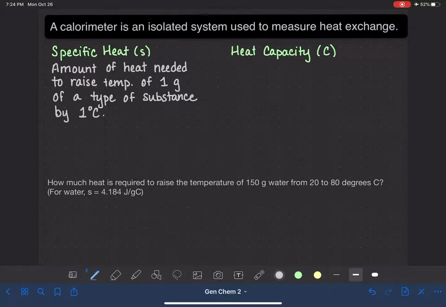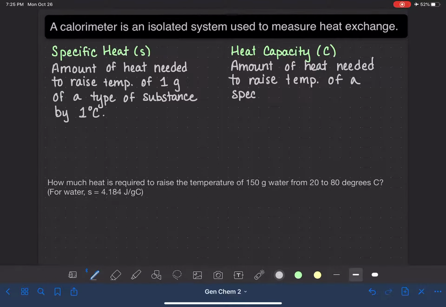Heat capacity, on the other hand, is the amount of heat, also typically joules or kilojoules, the amount of heat that is needed to raise the temperature of a specific object, again by 1 degree Celsius.